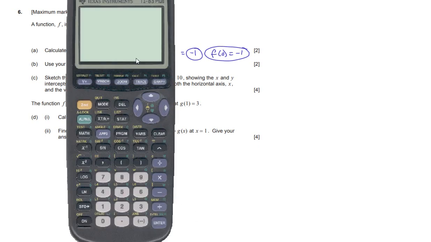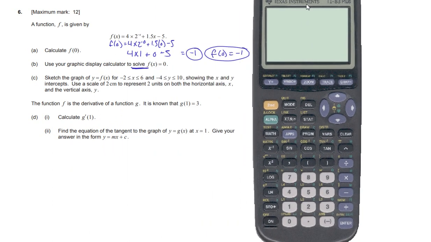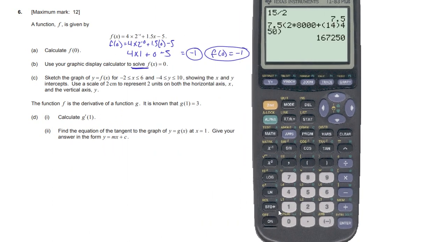Okay, so let's put this formula into our y equals. Clear out anything else that you might have in there, and let's enter this in. Okay, I put it all in here already. And it's really important here with this 2 to the negative x: you have to push the negative sign instead of the subtraction sign.